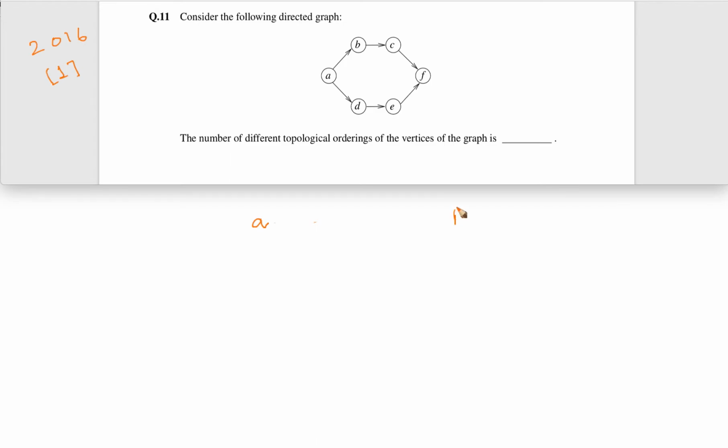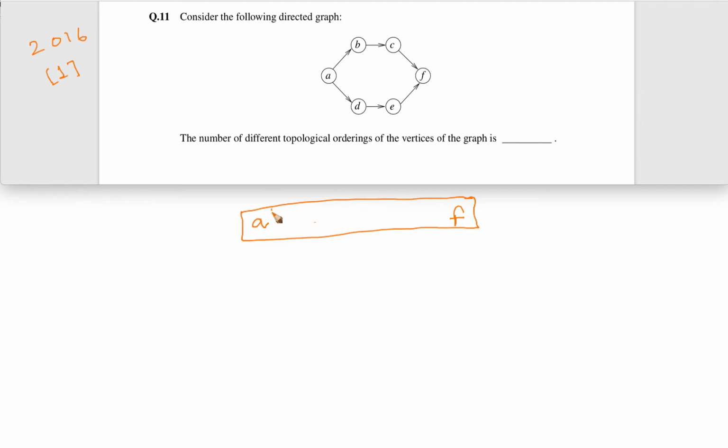Similarly, F can be the last one because there is no node to which F has an outgoing edge. So there cannot be any other node after F. So we have come to a situation where F will be the last one and A will be the first one.